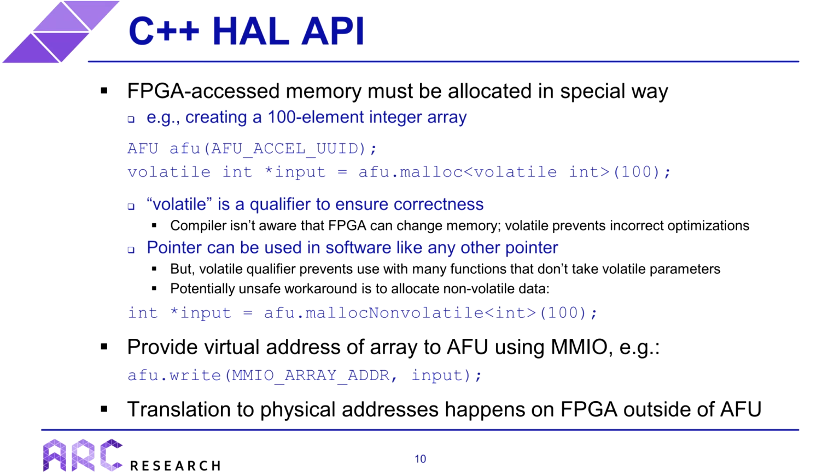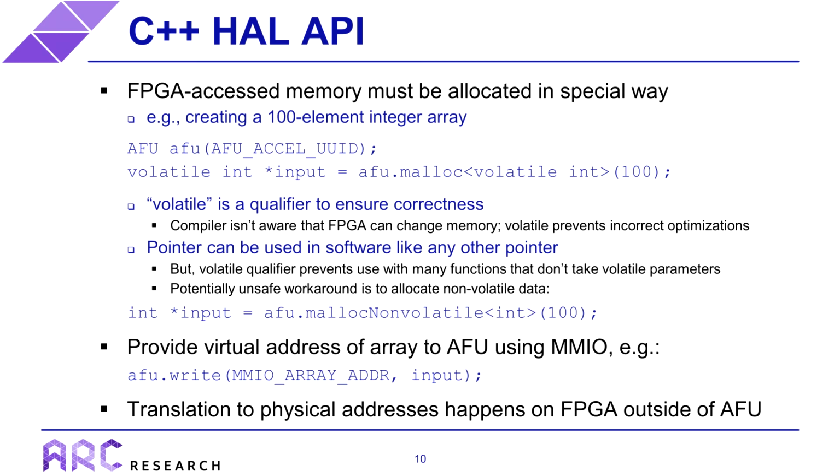So now that we have allocated an array that can be accessed by the FPGA, what we need to do is tell the FPGA the virtual address of that array so it knows where to read from in memory. And the most convenient way of doing that is to provide the virtual address of the array to the FPGA using memory mapped IO. So we've been doing this all along for other purposes, but we can do it here.